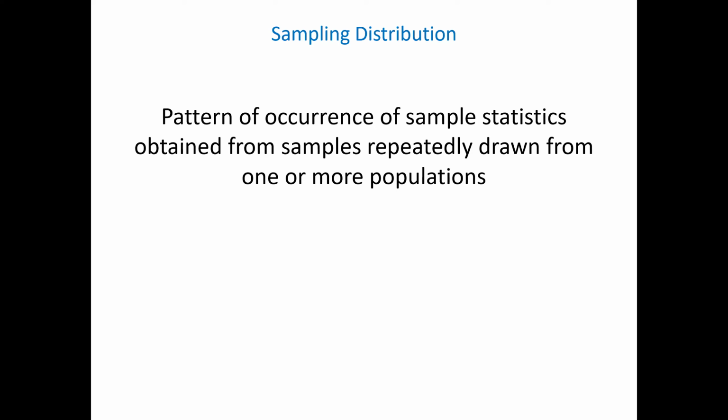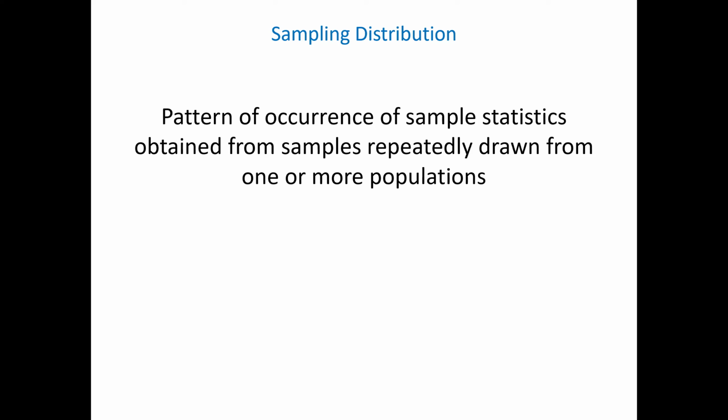So anytime you take a sample, you summarize. Whatever you calculate, either sensitivity, specificity, mean, mode, median, standard deviation, percentage, rate, proportion, ratio, they are all statistics if you calculate them from a sample. But the corresponding value in the population is a parameter. So when we say pattern of occurrence of sample statistics, you should know that they have summarized a sample.